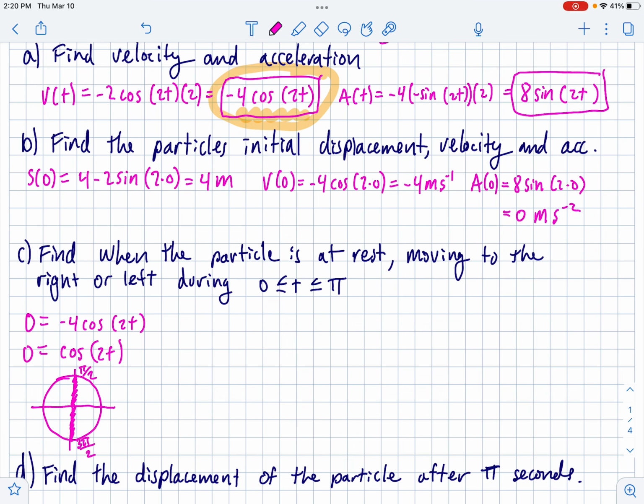So that's pi over 2 and 3 pi over 2. Now, this inside 2t is equal to pi over 2 and 3 pi over 2. So if you say 2t is equal to pi over 2 and 2t is equal to 3 pi over 2, we get pi over 4 and 3 pi over 4. So that's when the particle's at rest.